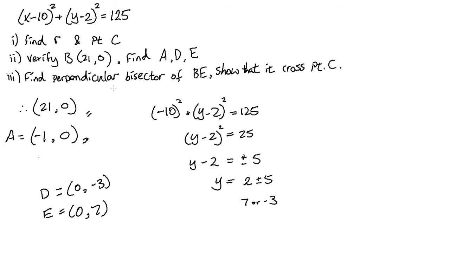And so we have the solution for B. We have verified that it is (21, 0), and we have found A, D, and E. So that is part 2 of this question.